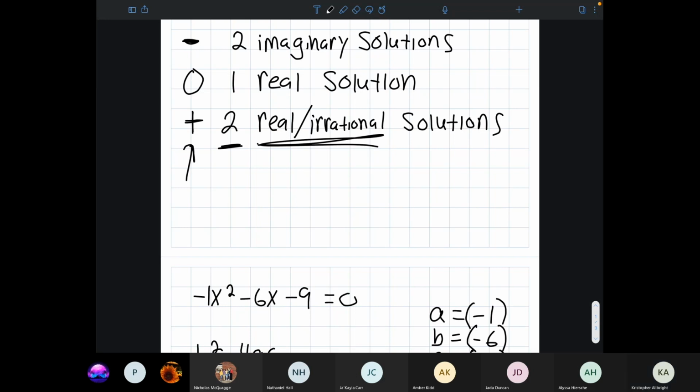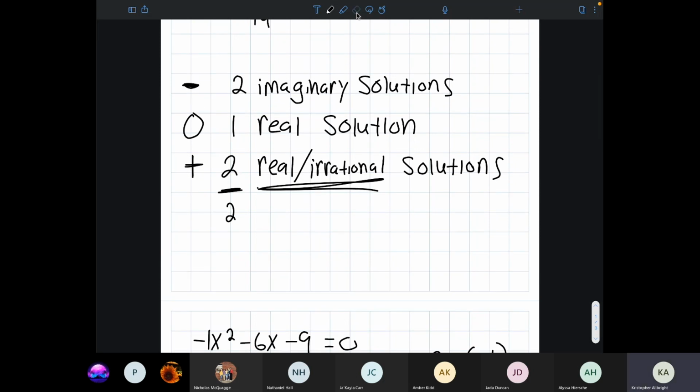So if it is bigger than 0, so if it is positive, you are going to have 2 x-intercepts. So I'm just going to put another 2 here. Actually, I'm going to put it down here at the end in another color. 2.